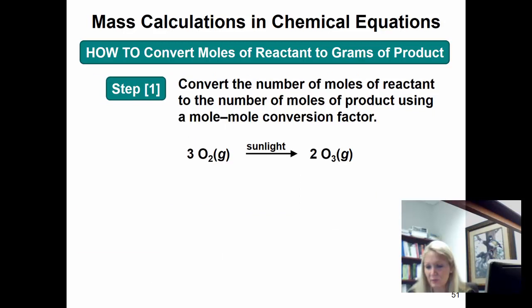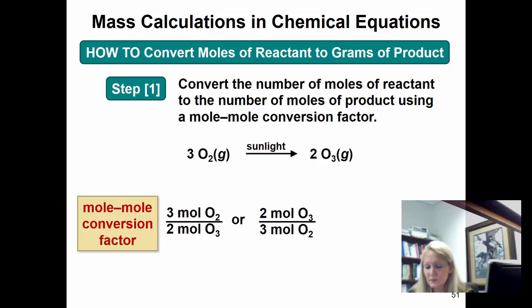If we look at our mole to mole ratio, we have a 3 to 2 ratio, or we can flip it over and it's a 2 to 3 ratio. We're going to use this ratio because we're starting with oxygen. So we've got our 9 moles of O2.